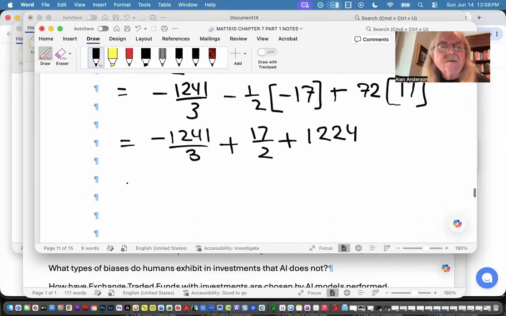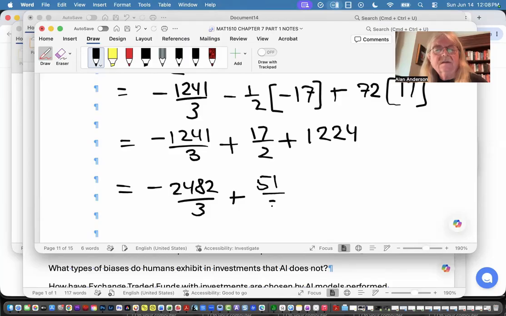Okay, so this one becomes negative 2482 thirds plus 51 thirds. And this one, 1224 times 6 is 7344.